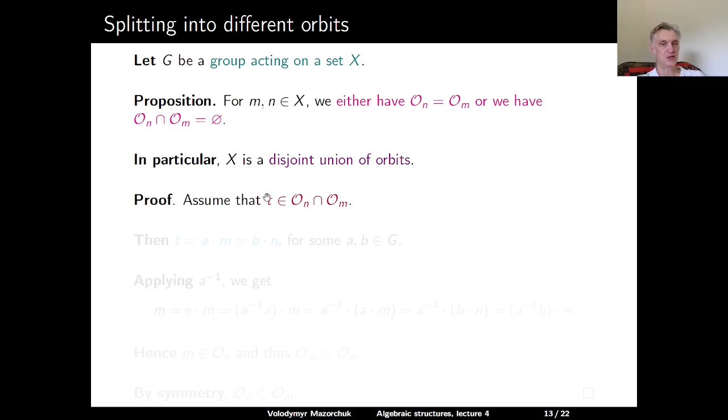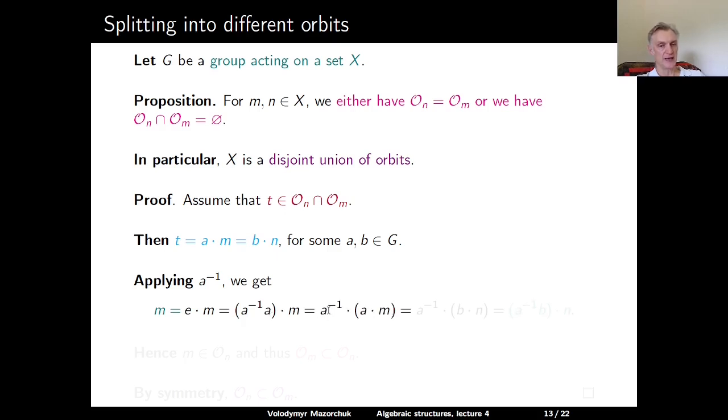Proof: assume that we have some element t in the intersection of O_n and O_m. This means that we can write t as some a applied to m or some b applied to n, where a and b are elements in G. If we apply a inverse to this equality, we get that m, which is equal to e dot m, and e is a inverse a, and now we can move the brackets to get a inverse applied to a applied to m.